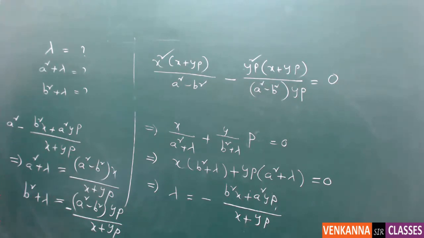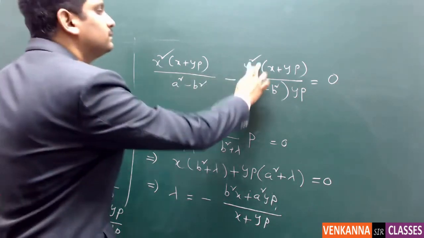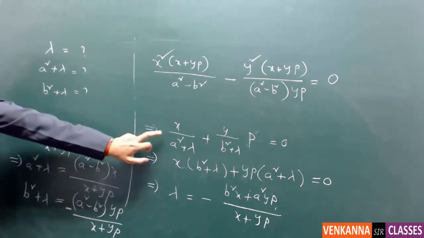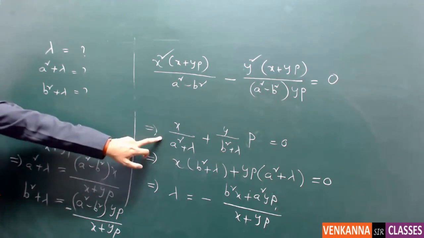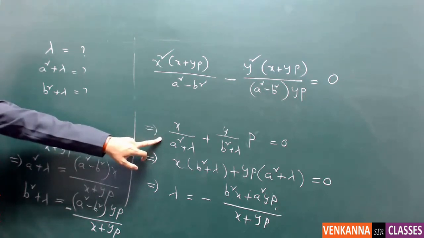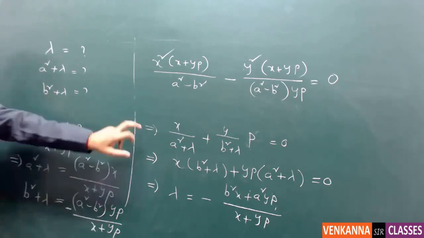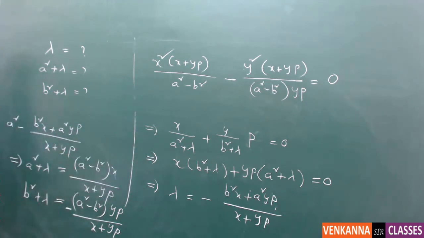Yeah. Now I am going to substitute a square plus lambda and b square plus lambda values here. So we are going to substitute the values in this equation. Yeah, just hold on a second.